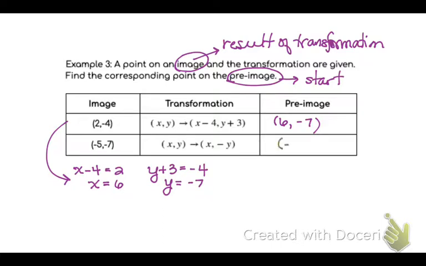If it was at negative 5 before, it's going to be at negative 5 because that's what that mapping notation tells me. We took the opposite sign to get to negative 7. If I landed on negative 7, I have to work backwards. So the opposite of y is equal to the opposite of 7. I don't want this to be negative, so we would divide both sides by negative 1, which would make that positive.